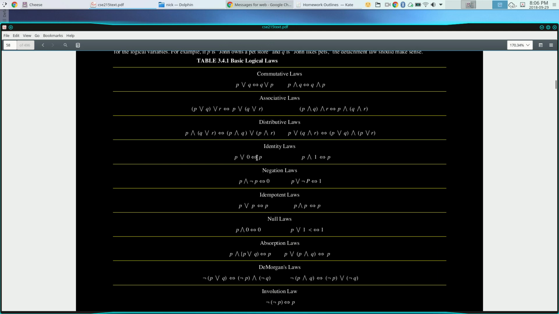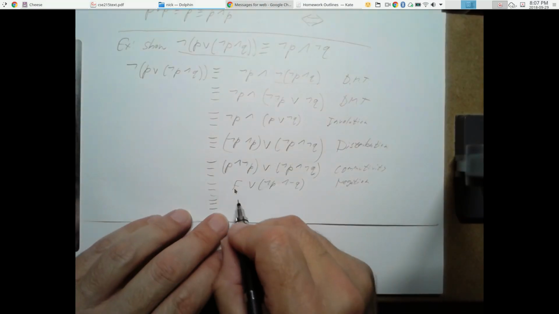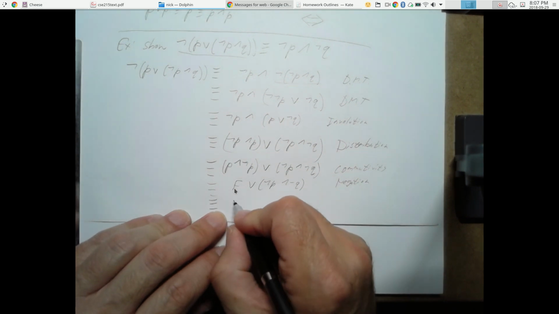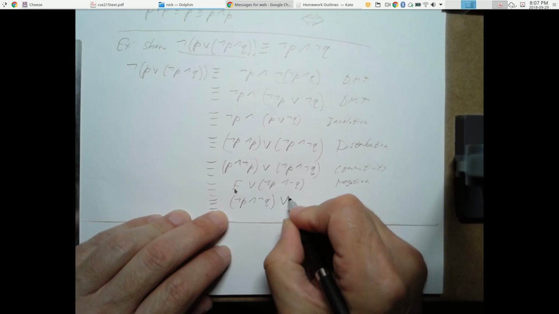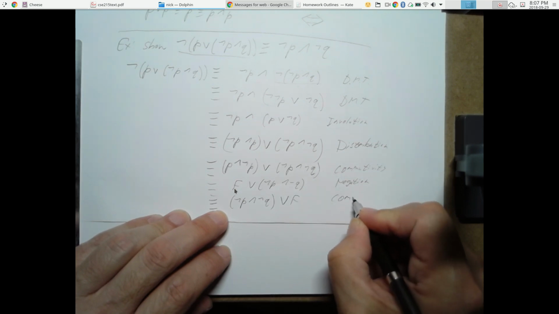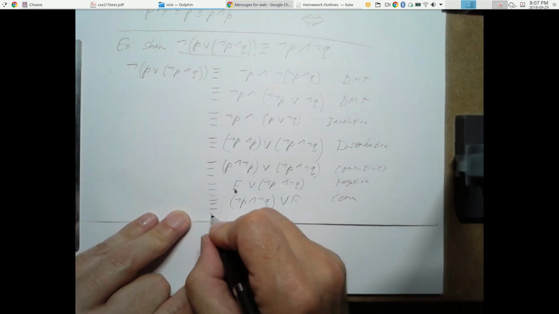But again, we should probably use commutativity one more time and change this to make it look like the actual identity. So I'm going to use commutativity once more and say that this is equivalent to not P and not Q, ORed with false. That's commutativity.